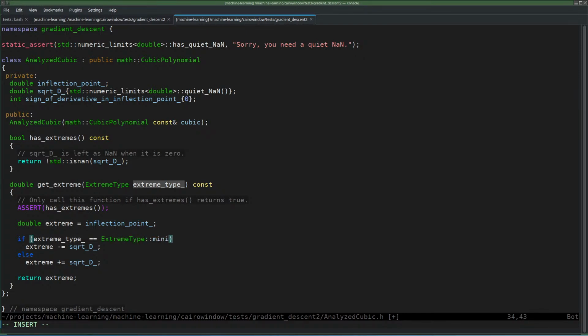I'm going to minimum. If you're looking for a minimum and the slope is positive, then we want to subtract. Really.